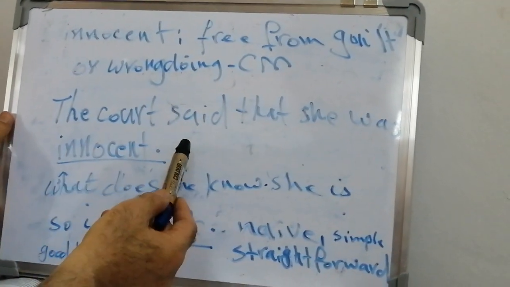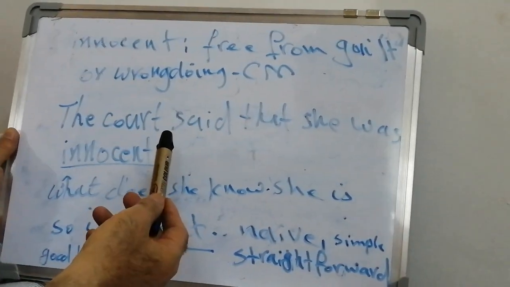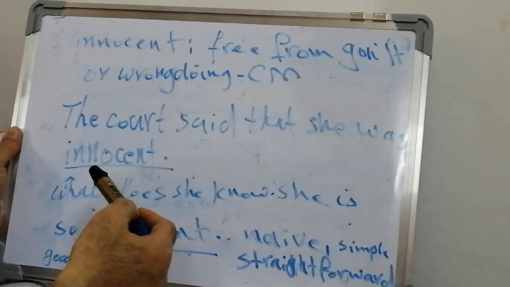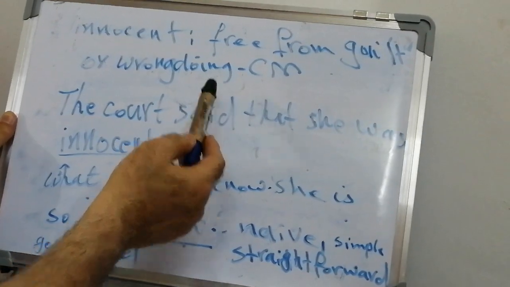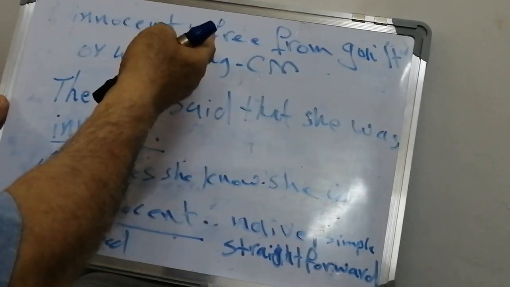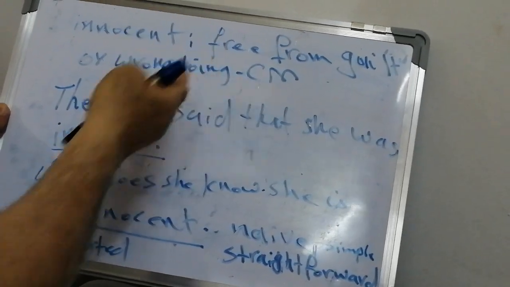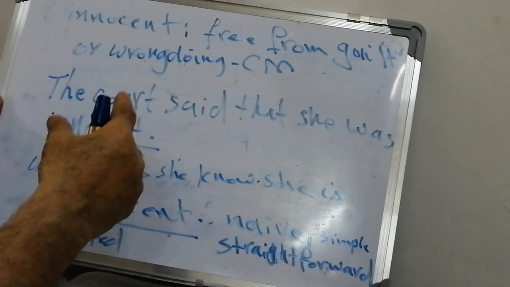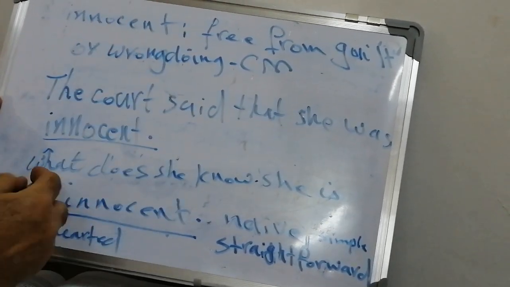This is the literal meaning, the conceptual meaning of the word innocent. But there is another meaning which is not this meaning. There's another meaning suggested by the people, not by the dictionary. But see the example here and how the meaning is almost different from the first one.